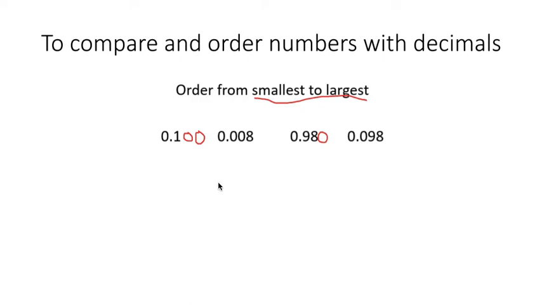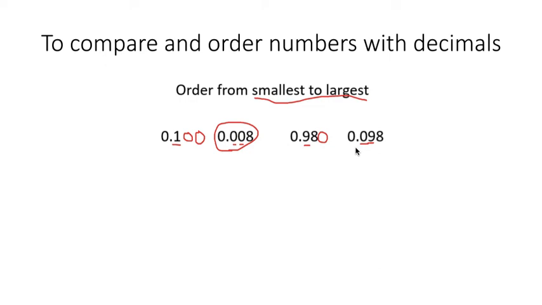The first thing I would do is look at the tenths column. This has 1, this has 0, this has 9, and this one also has 0. So the smallest are the ones that are going to have no tenths. And there's 2 numbers with no tenths, so we're going to have to look a little bit deeper. Let's look at the hundredths. This also has no hundredths, whereas this one has 9 hundredths. So the smallest is going to be this one.